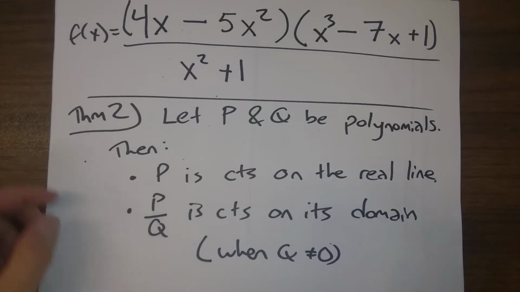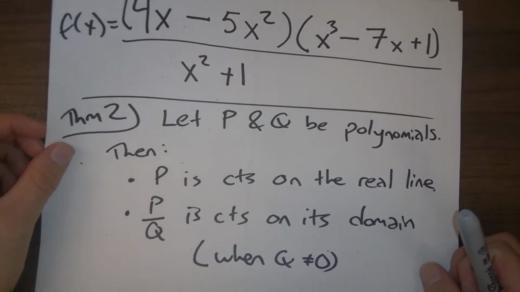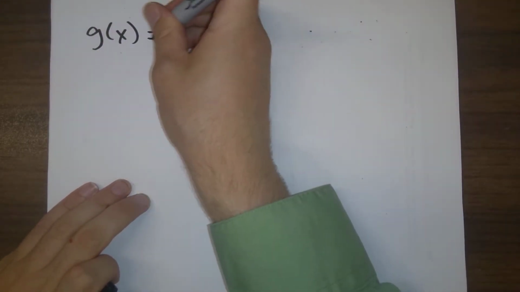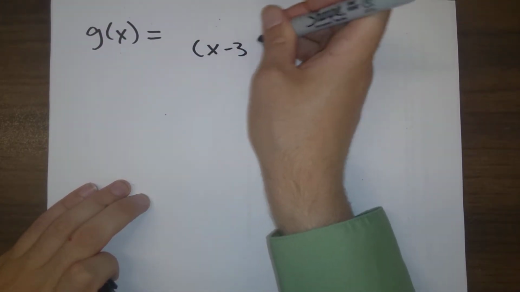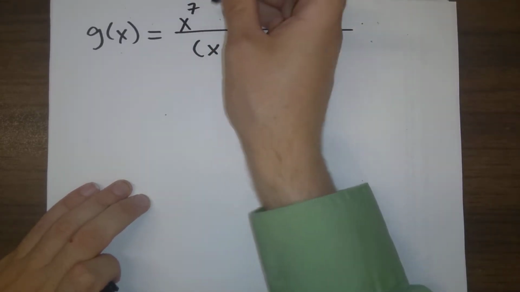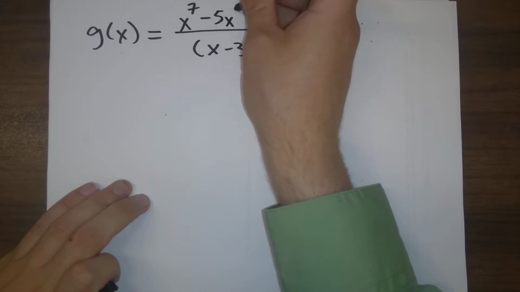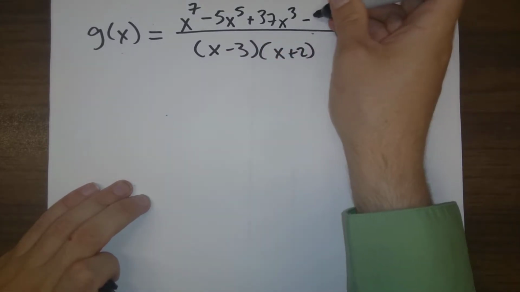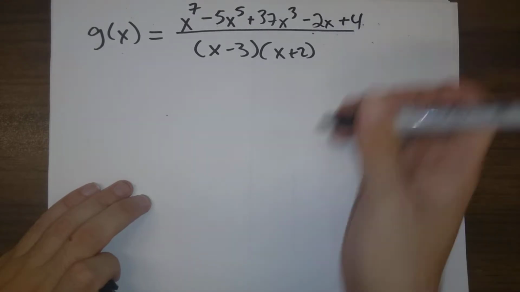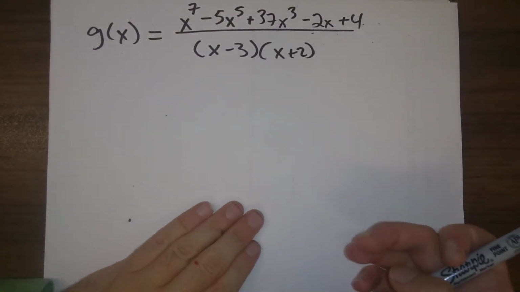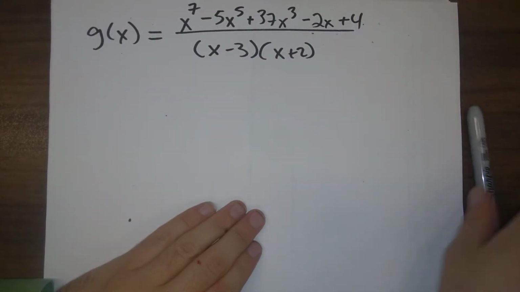Here I purposely had an example where the denominator is never equal to 0. If we have an example where the denominator is equal to 0, g of x is equal to (x minus 3)(x plus 2) all over x to the 7th minus 5x to the 5th plus 37x cubed minus 2x plus 4. So a polynomial up top, a polynomial in the denominator.